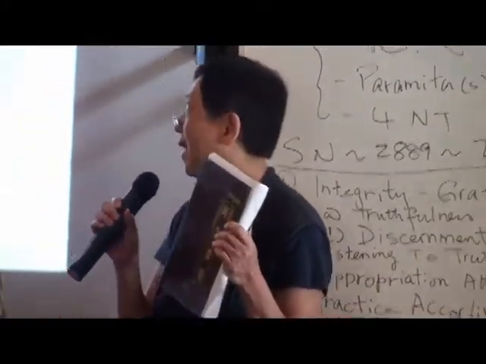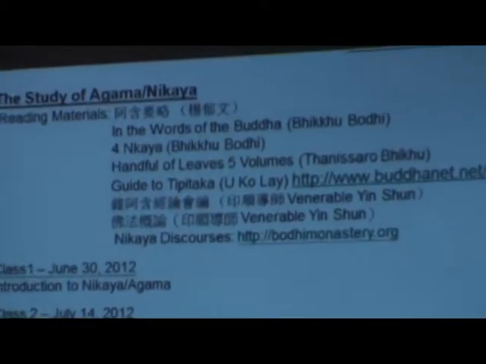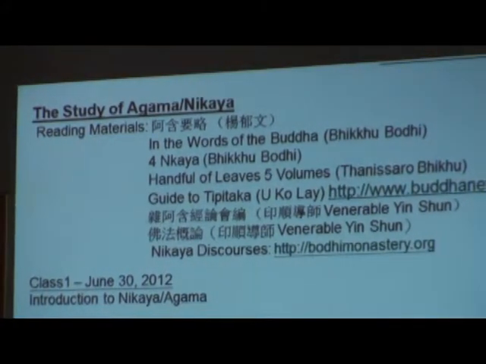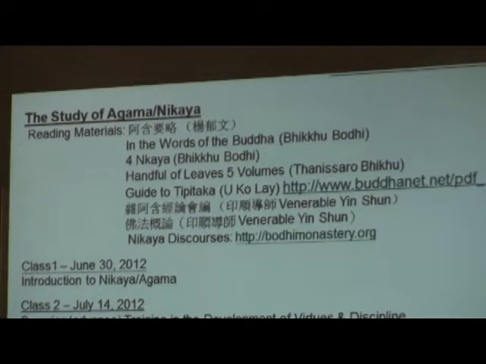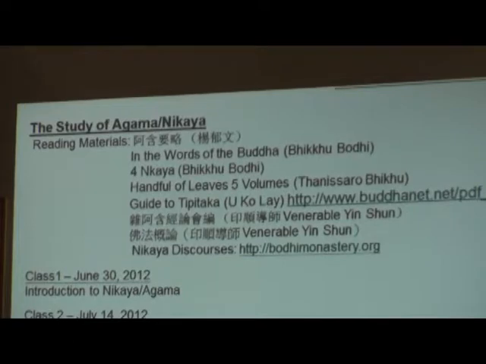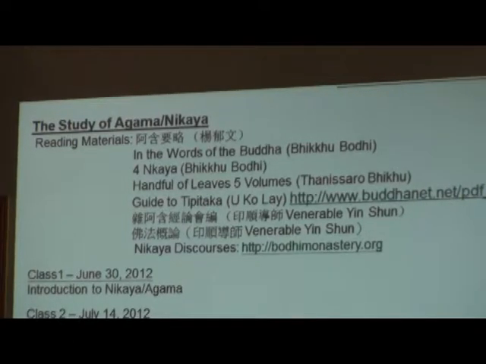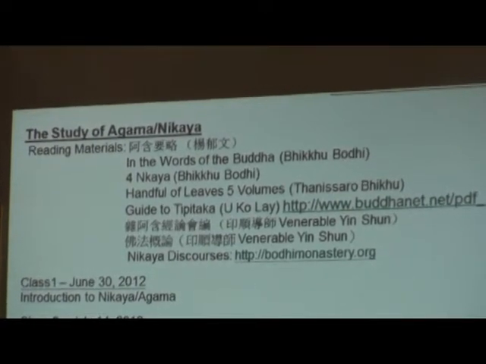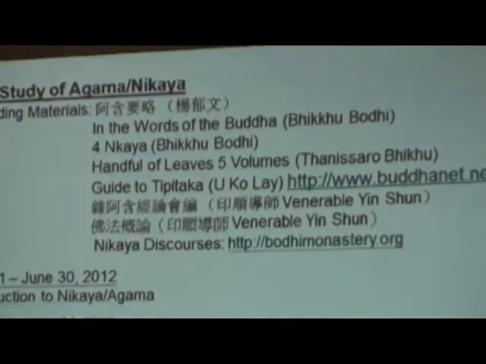If you look at the slide, this is the first book, 阿含要略. The first one here. I assume that everybody will be able to read it, so that's the one that I put up. But don't worry about that. I did some translation along the way. The other one, 杂含汇编 by Venerable Insun up there.